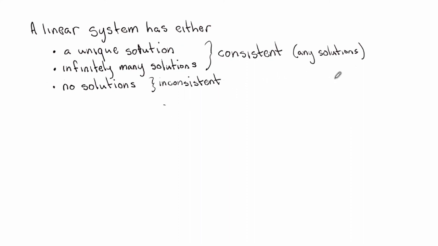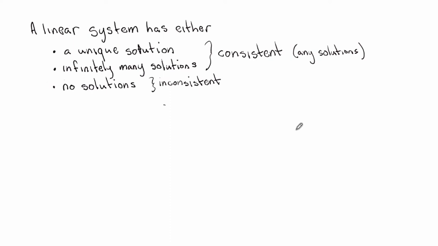So a consistent system is just a system that has any solutions, one or infinitely many. A system with no solutions is called inconsistent. So a consistent system just means there is at least one solution.